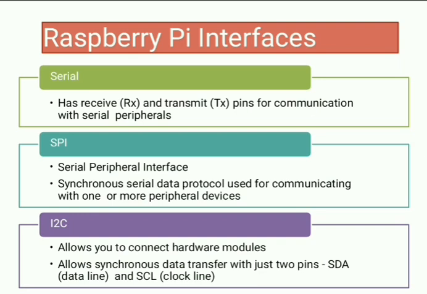So if we want to connect hardware modules, you can go with the I2C interface. The I2C interface allows synchronous data transfer with just two pins. So I2C includes SDA, that is the data line, and SCL, that is the clock line pin. So this is all about the Raspberry Pi interfaces.